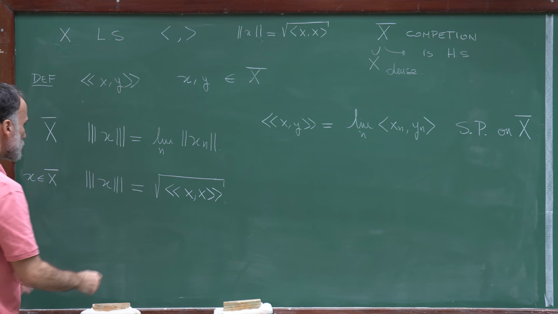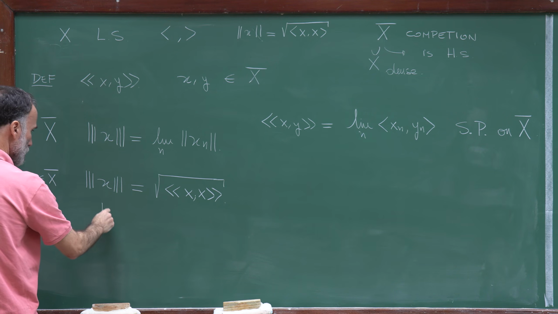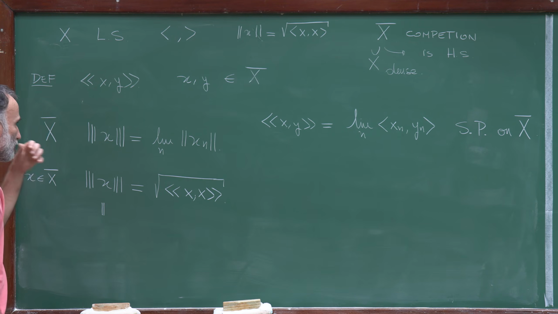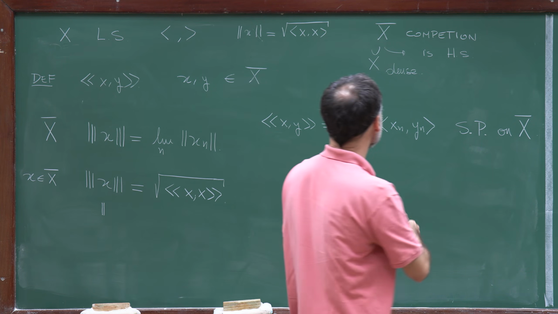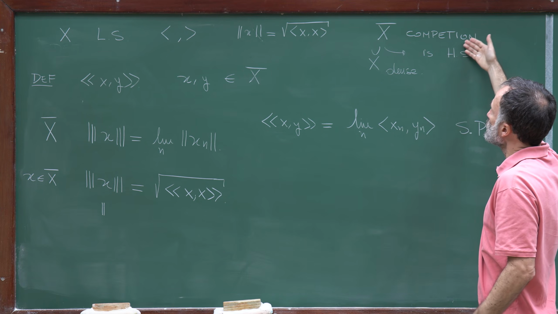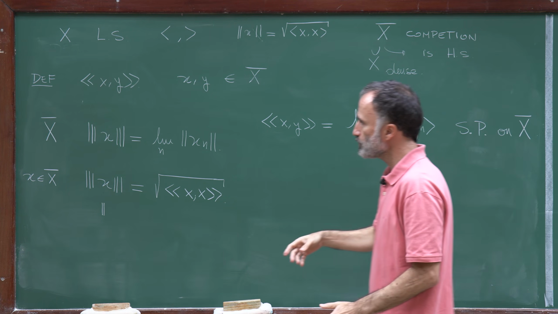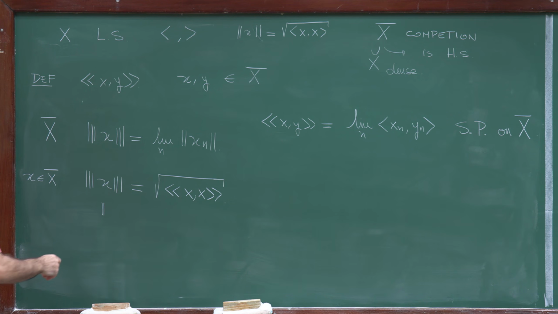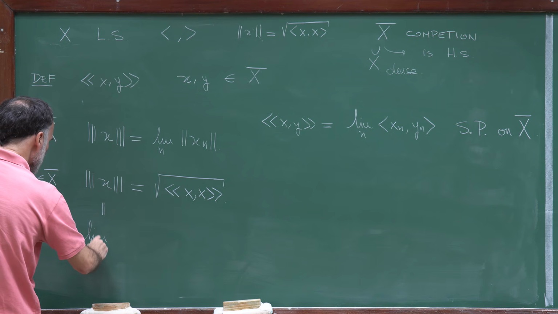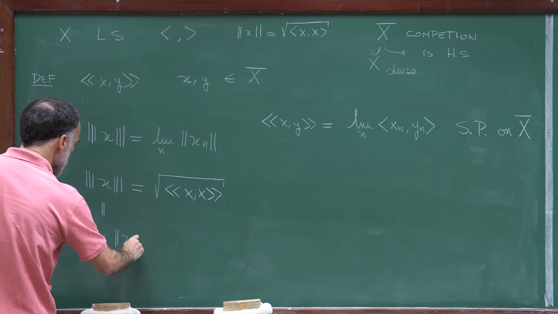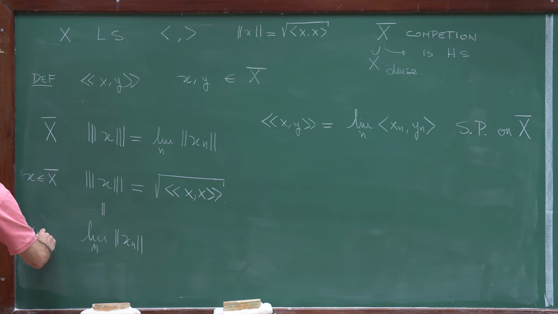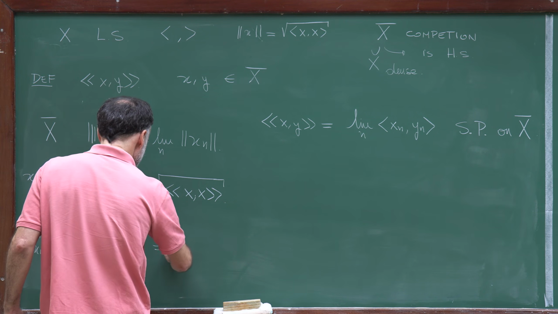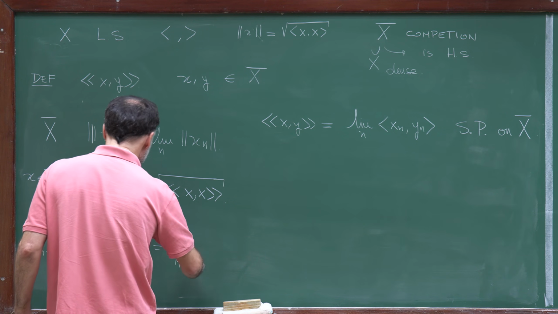And this is clear because, how is this norm defined? This is the norm which was constructed in the completion. We just completed the space X, so this norm coincides with the norm of X for points in X. And it's obtained as the limit in n of the norm of xn, if xn is a sequence of vectors in X converging to x.